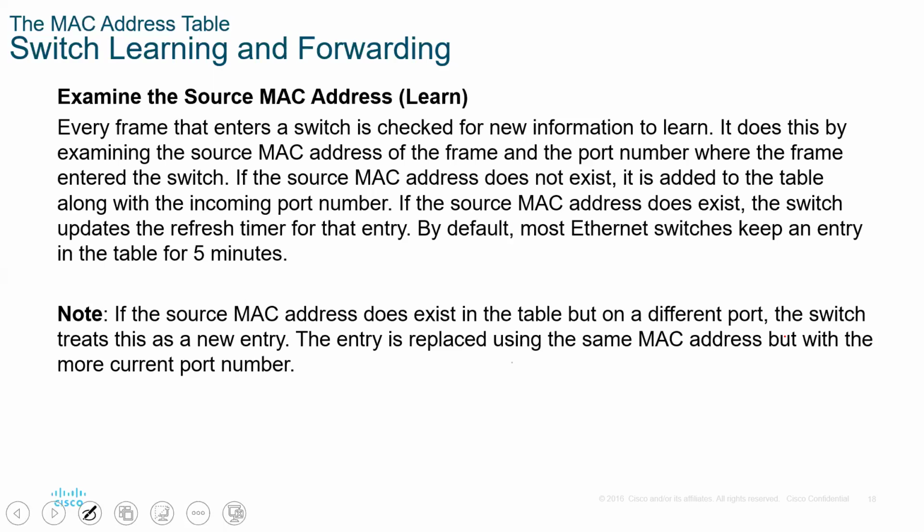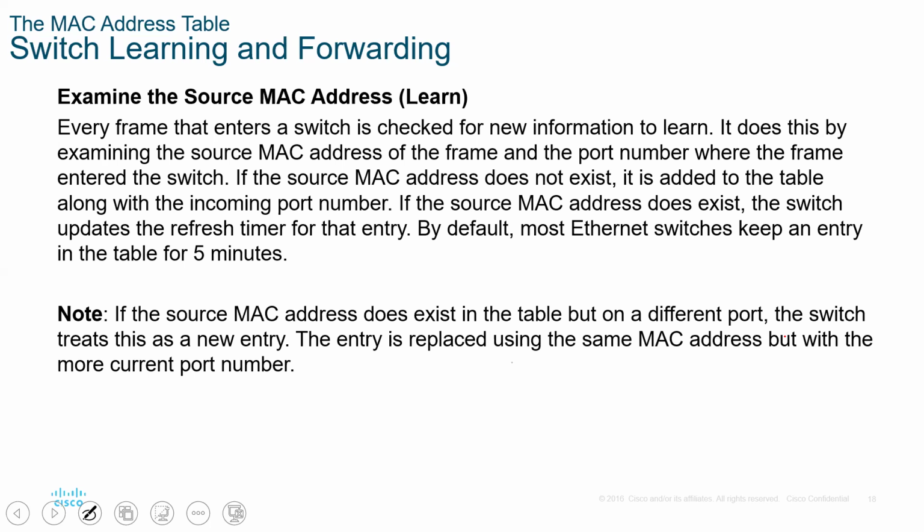Now, another thing the switch does is what we call learning and forwarding. Each frame that enters a switch is checked for new information to learn. It does this by examining the source MAC address of the frame and the port number where the frame entered.